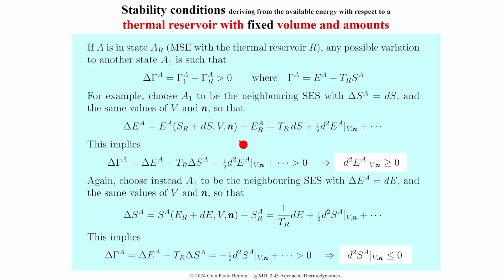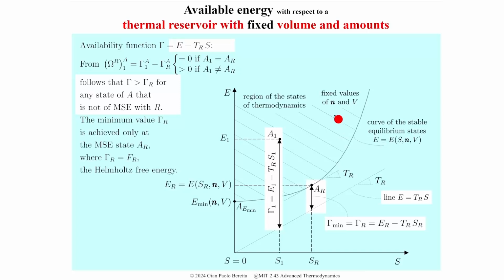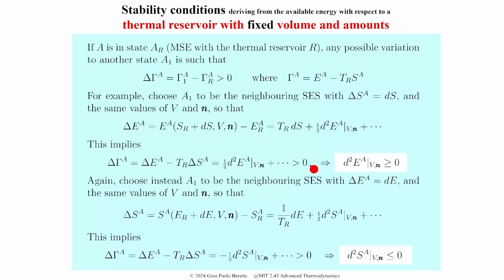And so, for example, we chose particular changes, and we proved that with those particular changes, you can find that the second differential of the energy with respect to S, at fixed N and V, the concavity here is positive. You can view it also from the other point of view. So you find that the second differential of S with respect to U at fixed V and N is negative. Okay.